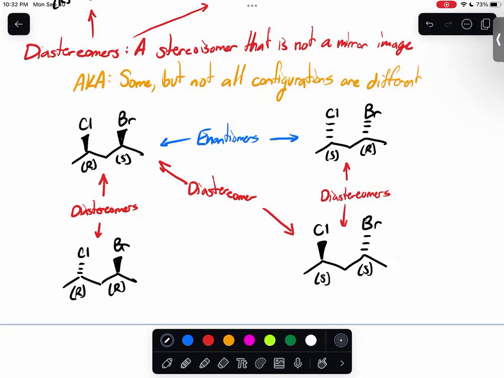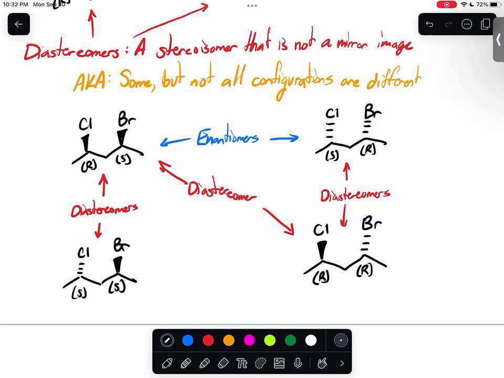Oh, sorry, I labeled that incorrectly. Should be the opposite. So it should be RR here. So the chlorine up top is S. Now the chlorine on the bottom is R, right? So it's opposite. And this one over here is SS, which is why it's diastereomers of the one above it.